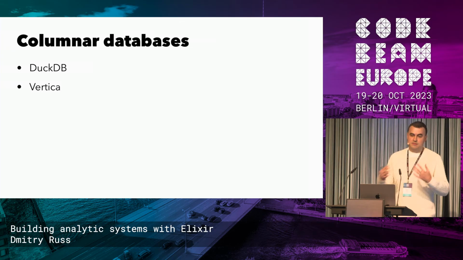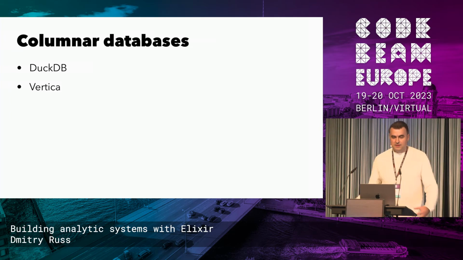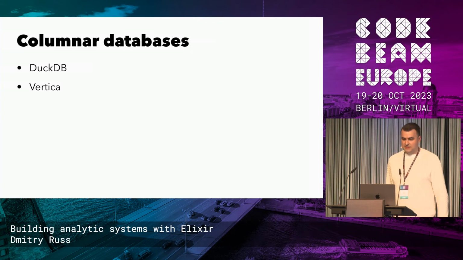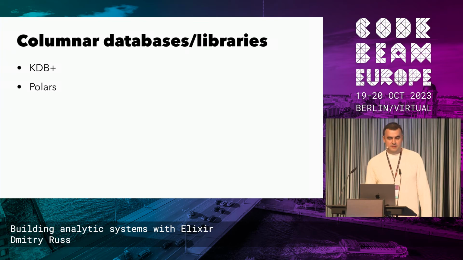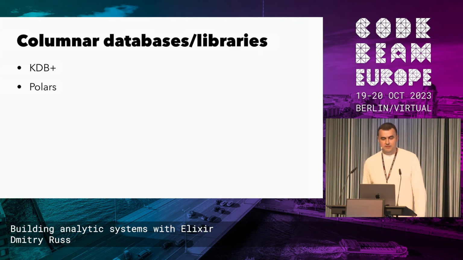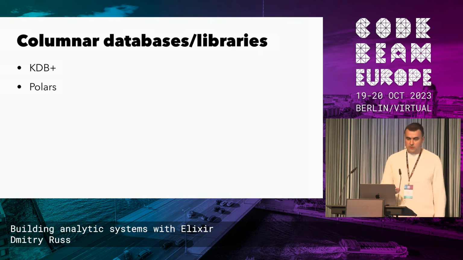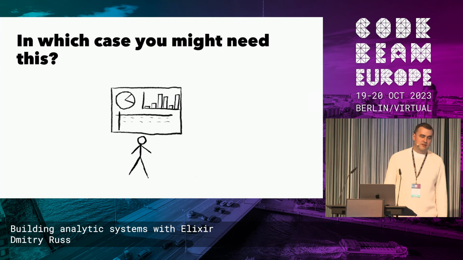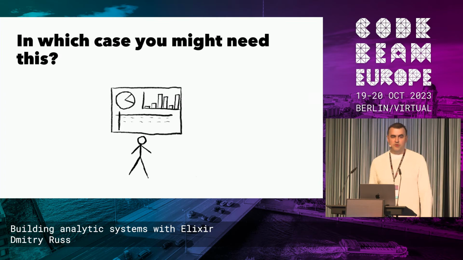Or there are databases which are completely in the cloud, and you need to pay for this and hope they are doing an optimized product. Additionally, there are columnar database libraries, which are a little bit more low level. Then I would go into the cases in which you might need to consider going a little bit more low level in columnar database technologies.